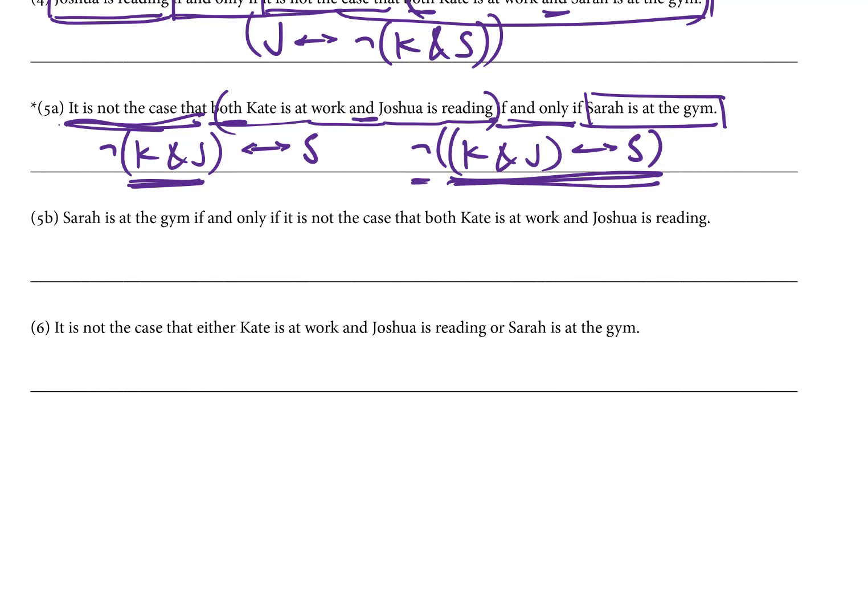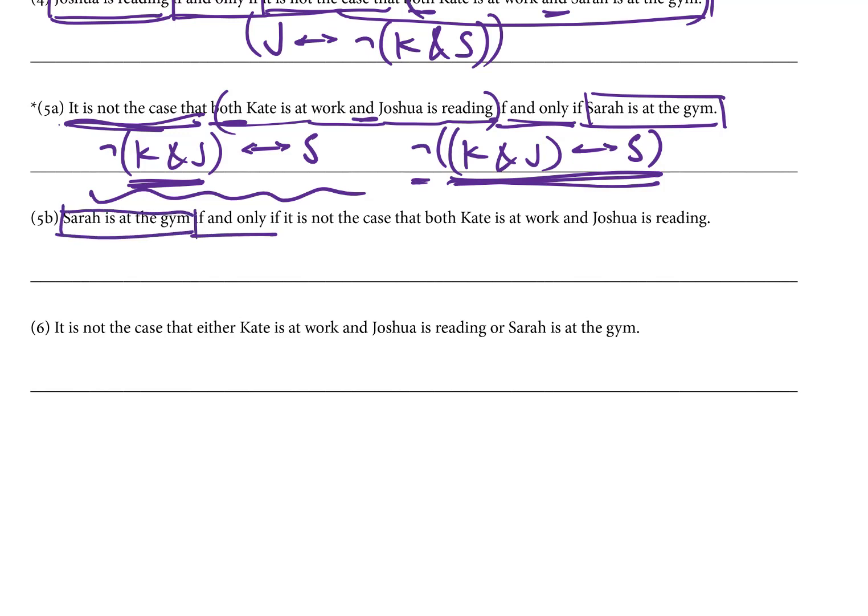All right, now here for 5b, Sarah is at the gym if and only if it is not the case that both Kate is at work and Joshua is reading. Okay, so if what was intended in 5a was this interpretation here, then we can represent that same meaning with 5b. So what we've done here, you'll see, is just flip what comes before and after the double arrow. So we have our if and only if there.